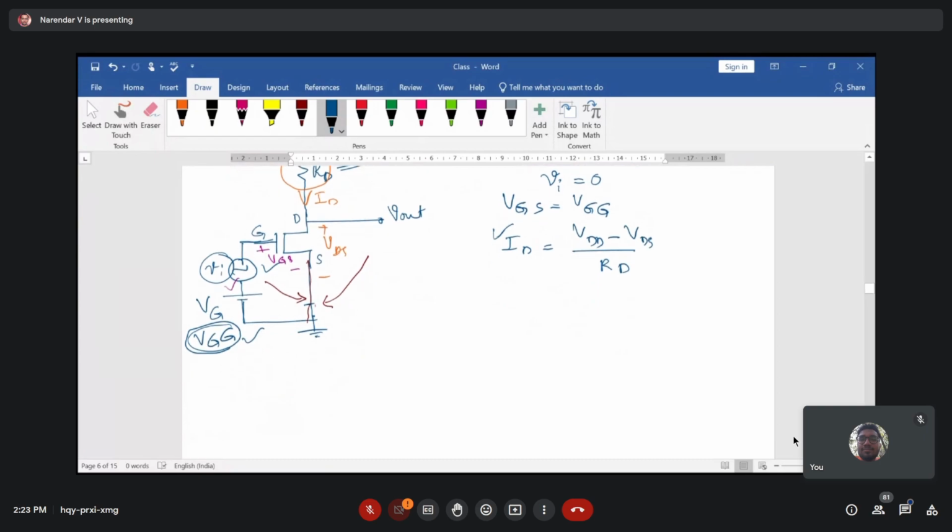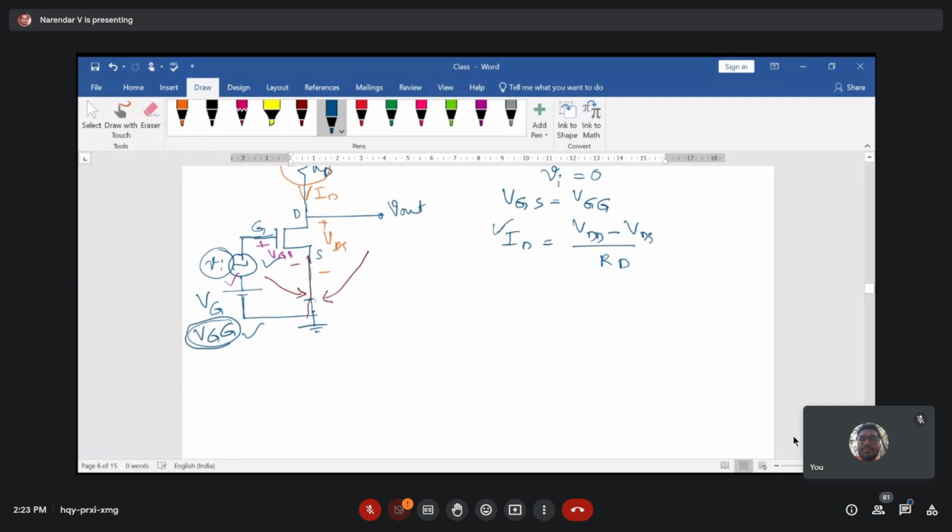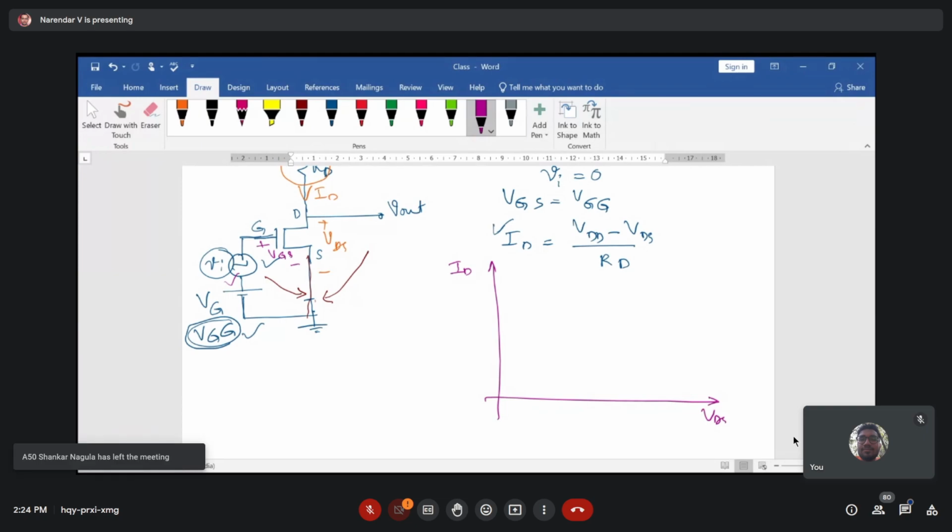Now you can plot the graph for ID variation with respect to VDS. Then it is going to be something like this. Now if I draw a plot here, the x-axis is depicting VDS and the y-axis is depicting ID. Basically it is the output plot, or output characteristics, of a transistor. We are well aware that as your gate to source voltage is smaller, you have a smaller current.